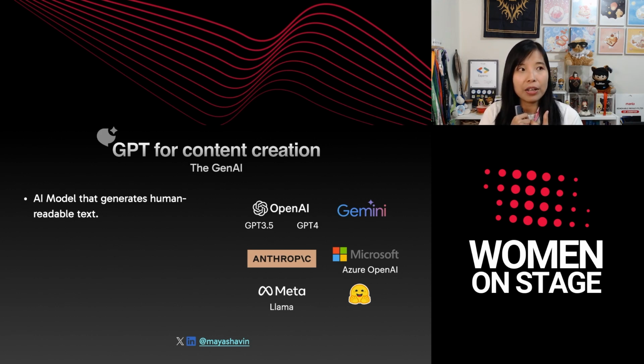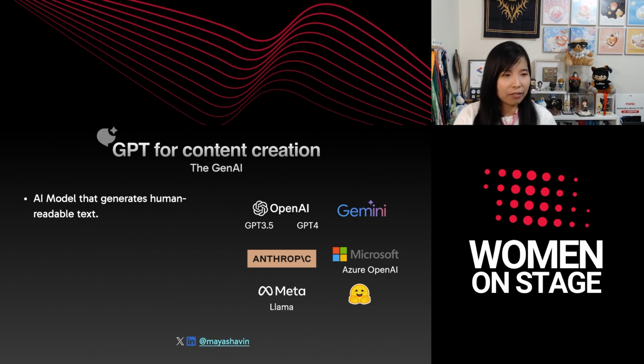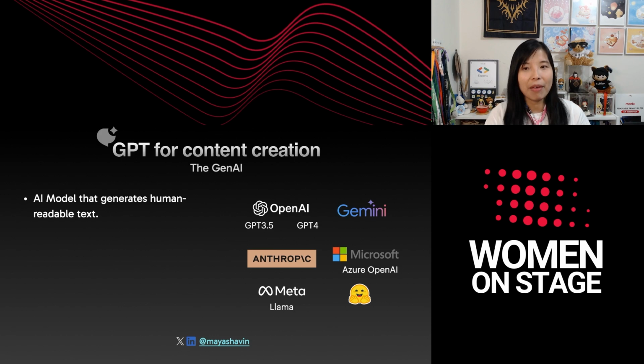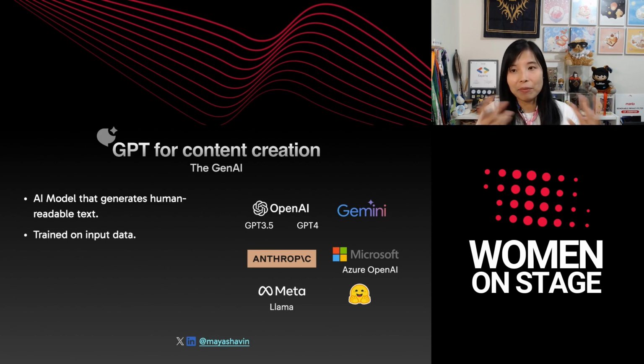There are a lot of different AIs. GPT is one of them that belongs to OpenAI. There's Gemini, and Azure OpenAI would be on top of OpenAI, and Llama from Meta, and Hugging Face, and so on and so forth. Any of them is good. Each of them is very good for specific things, but that's another topic.